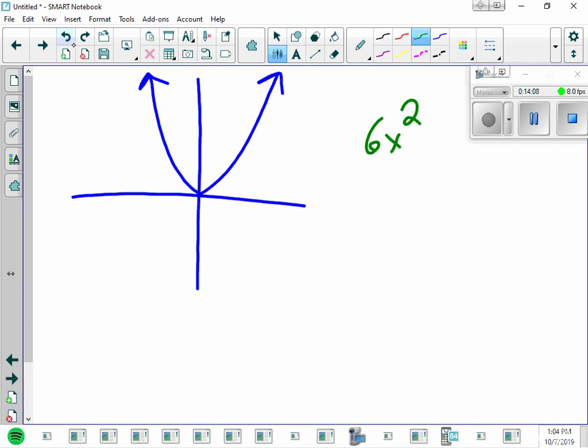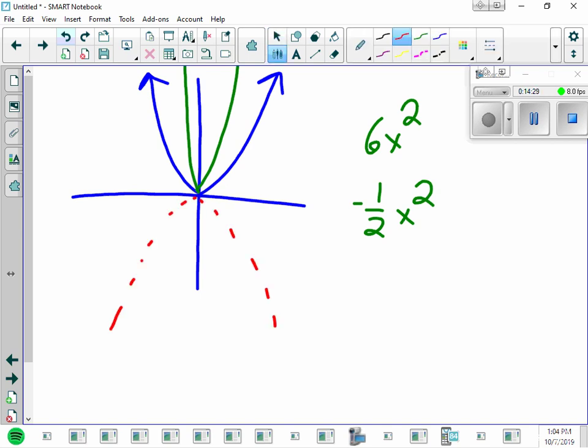So 6x squared is going to be super tall, like that. Okay? What if I had -1/2 x squared? It's upside down, and it's squished vertically or shorter. So if this were my regular parabola, then my -1/2 x squared would be half as tall, something like that.